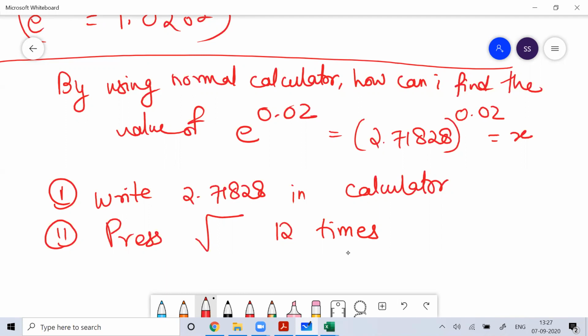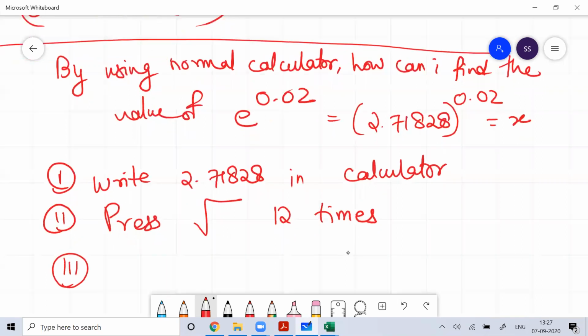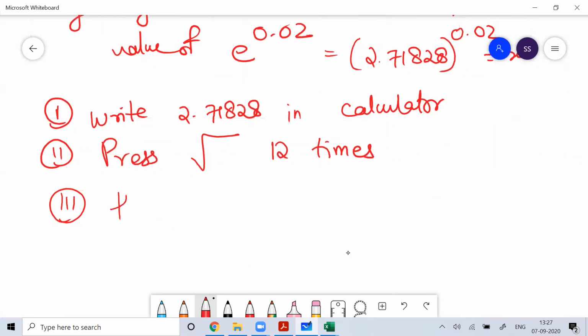After that, do minus one, and then press the equal to sign. This is the third step.